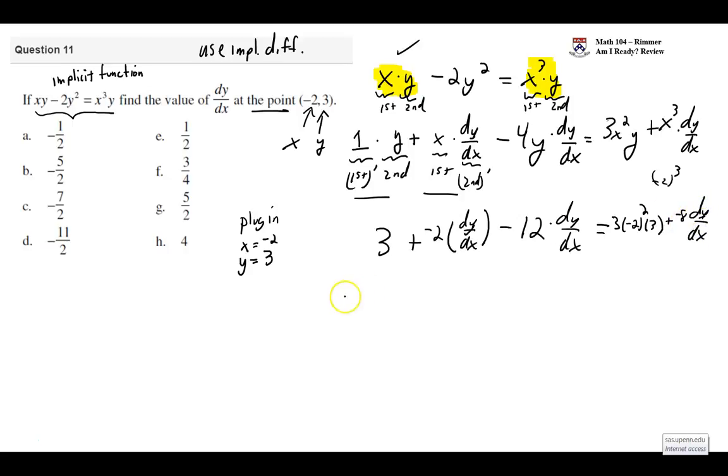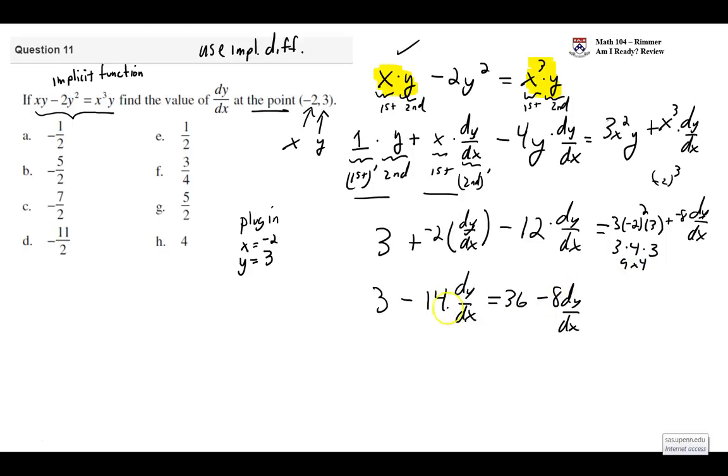And so what we're looking at then is 3 minus 14 dy dx is equal to 36 minus 8 dy dx. We have a 3 times a 4 times a 3, or 9 times 4. So we get the 36.